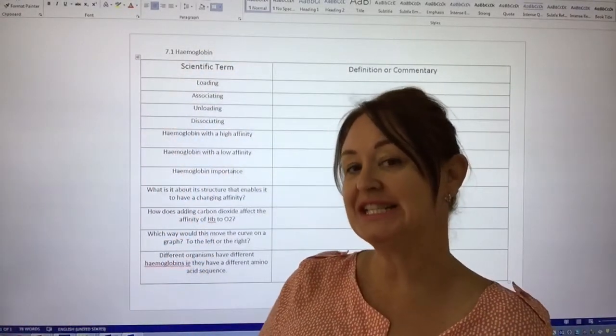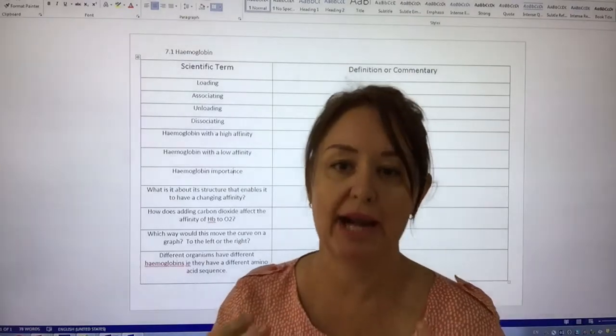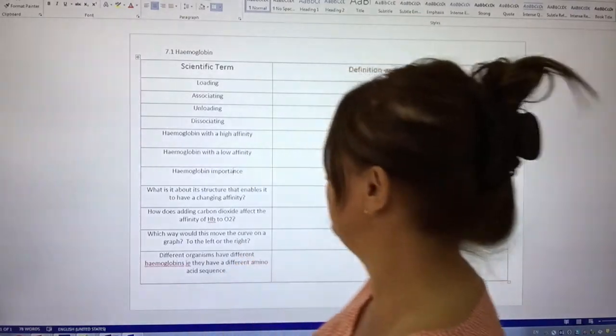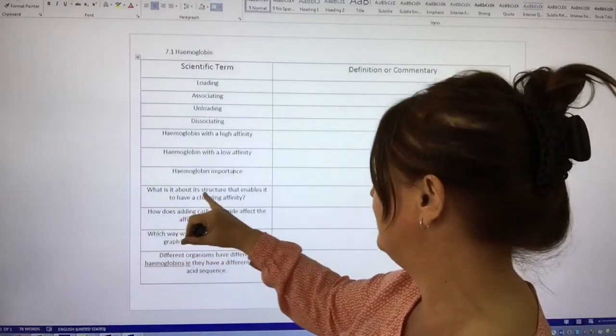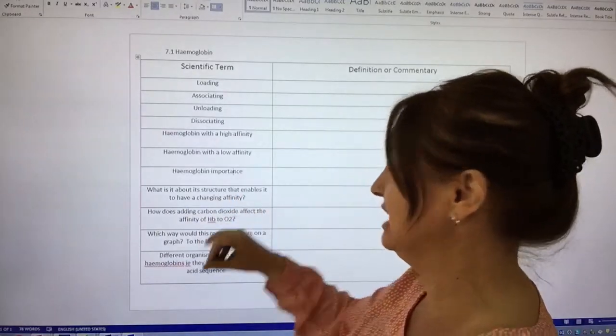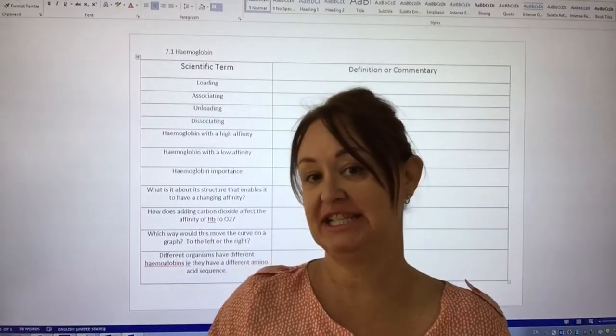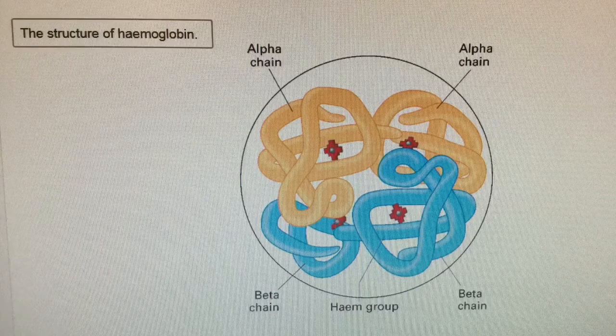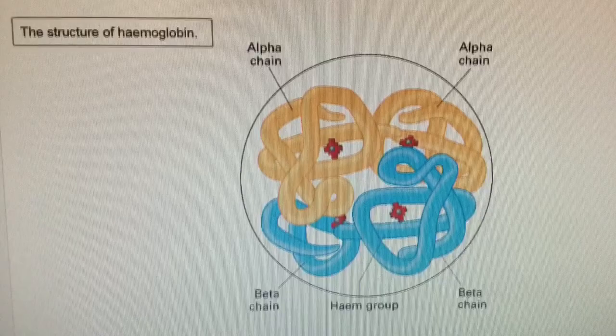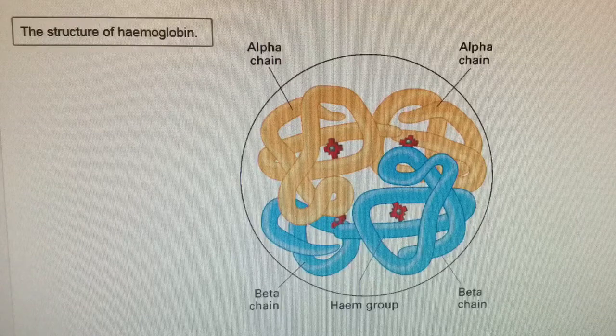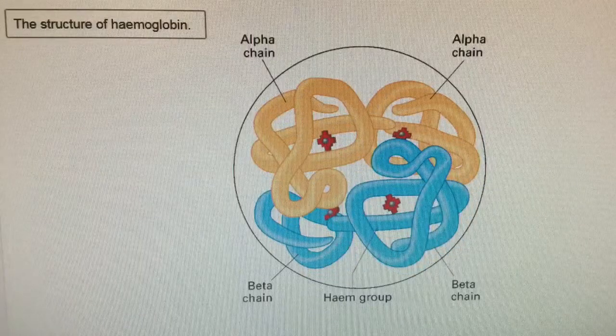The next few things on this list we'll just quickly talk about, but we'll learn about them in more detail later on. The next one says, what is it about its structure that enables it to have a changing affinity? Because as one polypeptide chain bonds with an oxygen, it then further exposes the second, third and fourth polypeptide chain to accepting the oxygen more easily.